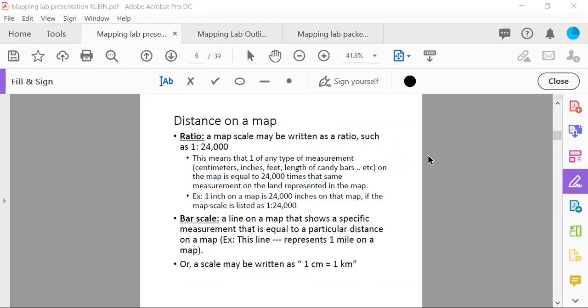That means that 1 of any type of measurement, centimeters, inches, feet, even the length of a candy bar, on the map is equal to 24,000 times that same measurement on the land represented in the map. So for example, 1 inch on a map would be 24,000 inches, if the map scale is listed as 1 to 24,000.